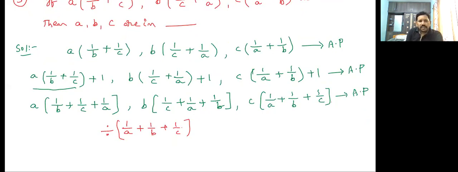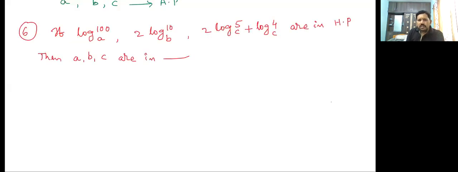Now we get A, comma, B, comma, C. Those are in AP series. Some of the students struggle with AP, GP, HP related logarithm-based questions. See carefully what the given condition is.